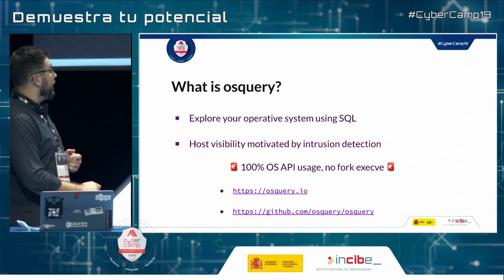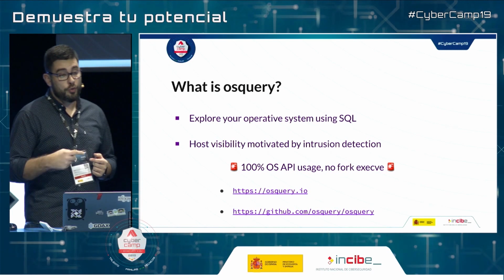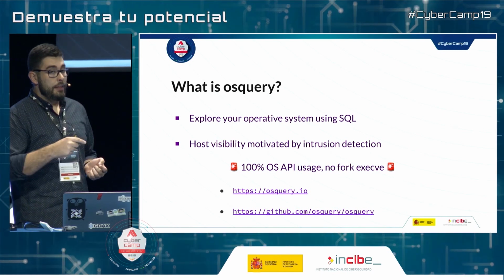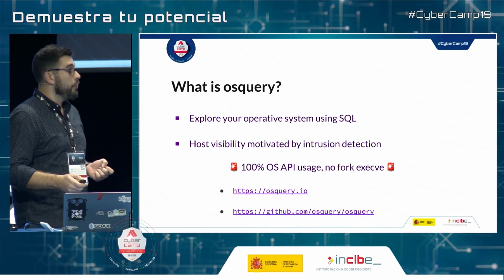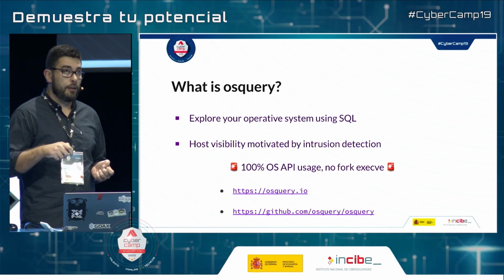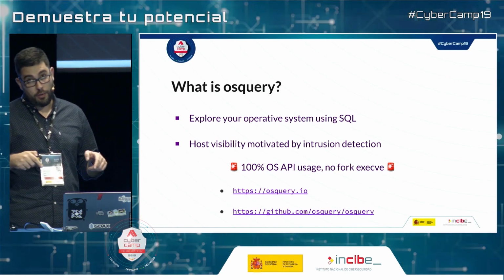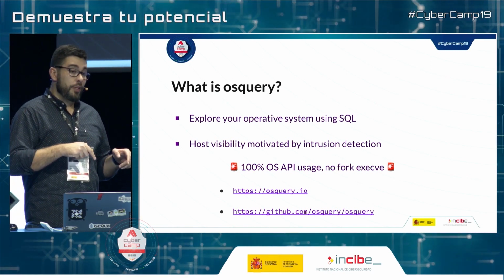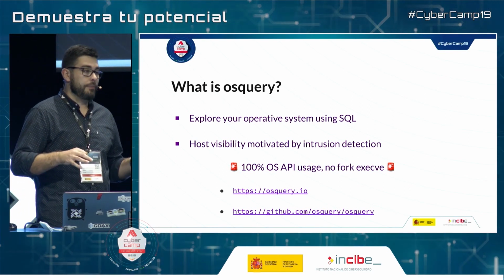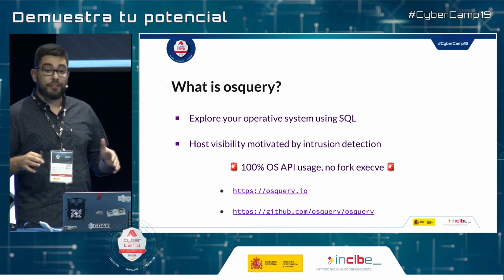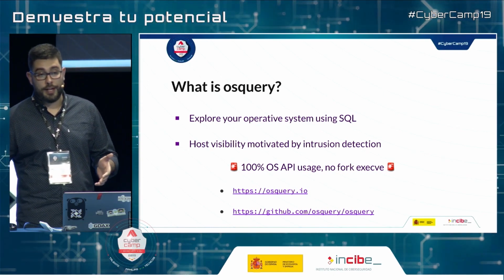So osquery.io is where you can find information about the different packages that you can download, see the different versions, the tables, and the GitHub repository. The OSQuery project used to be under Facebook's open source account originally, but a few months ago it changed to an organization of the Linux Foundation, so that there was no way of affecting the decisions that could be made.